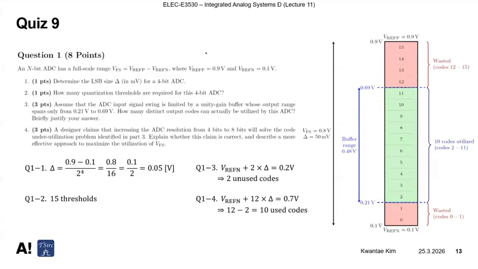Even if there are more output codes, so we are adding 4 bits such that there can be finer thresholds, and more thresholds and so on, it doesn't solve our underutilization issue because in the end, this is our input range.